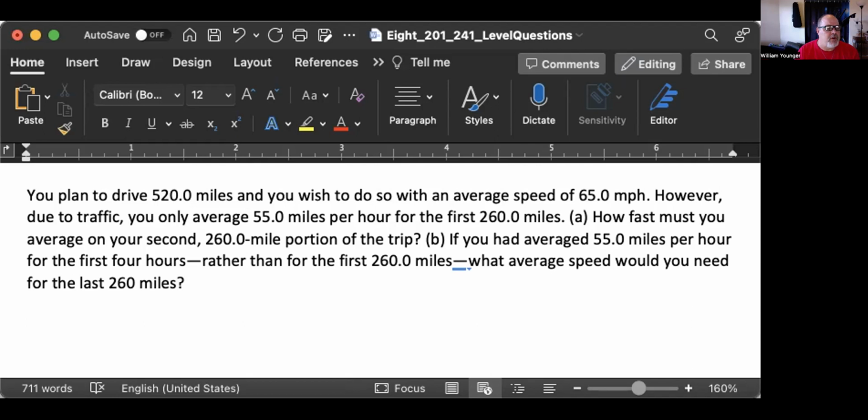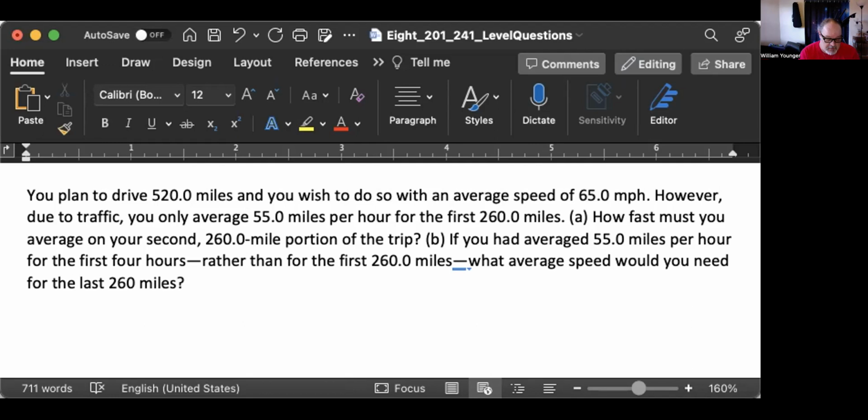So total distance traveled is 520 miles, and you wish to average, so I'm going to say S bar wish is going to be 65.0 MPH, miles divided by hours, or miles per hour.